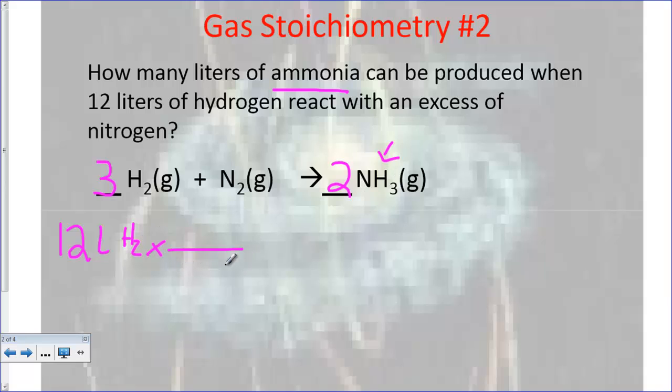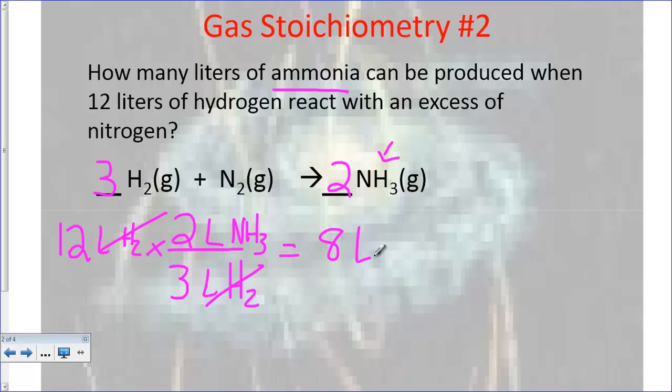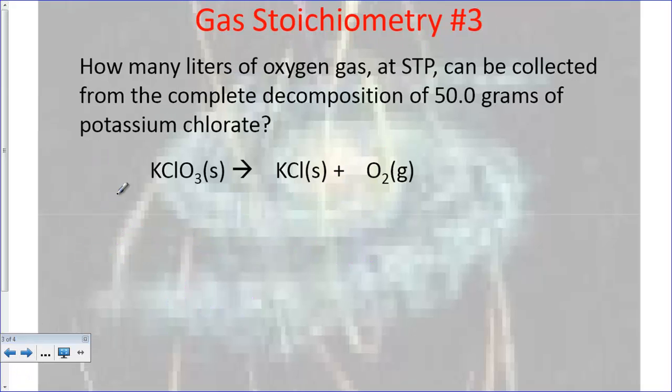So we have 3 liters of hydrogen for every 2 liters of ammonia. Okay? All right, so if we work this out, do the math, we would see that that's 8 liters of ammonia. All right, let's look at a different problem.